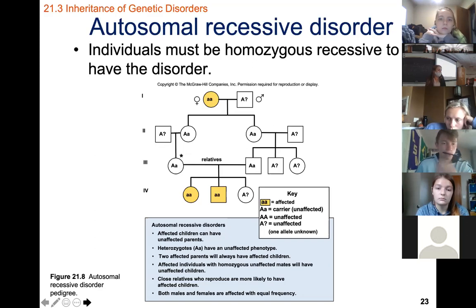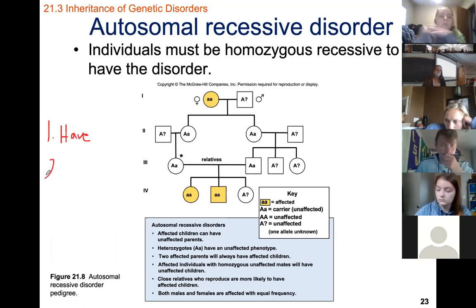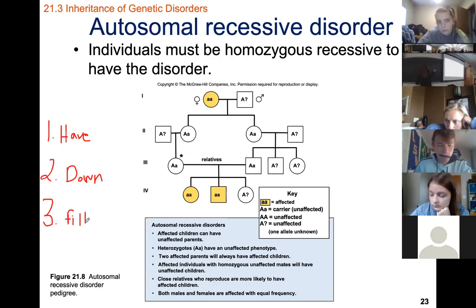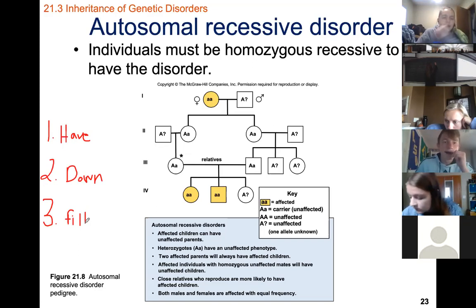The steps I like to use for these are to figure out what it looks like to have the trait. So step one, what does it look like to have it? Work our way down, and fill in the blanks. What does it look like to have an autosomal dominant trait? If you want to look ahead on the PowerPoint, you can. We have the option of autosomal, and we have the option of X-linked or sex-linked.